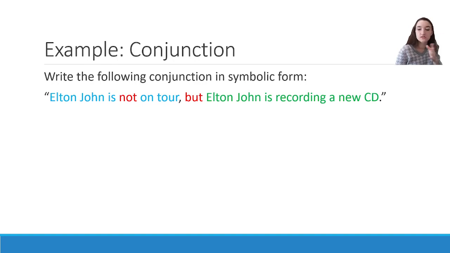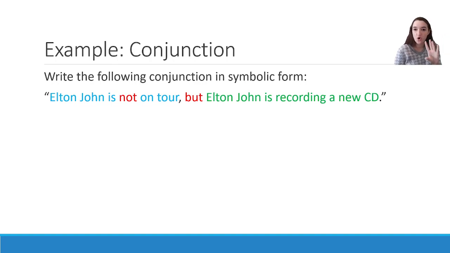Your first step in anything like this is to identify the simple statements, the ideas at play here. Those are the things that I have highlighted here in blue and green. I'm going to name them with some letter.